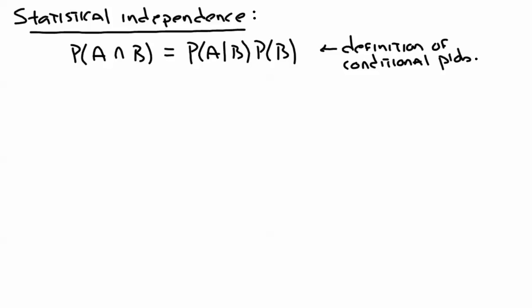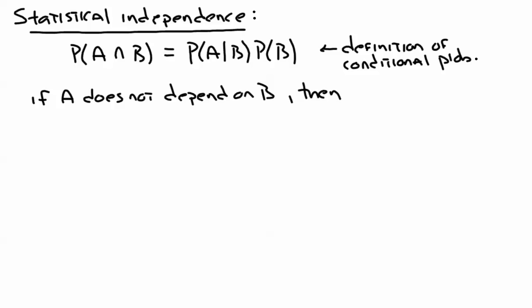That's the definition of conditional probability. So, referring back to our prior discussion on statistical independence, if A does not depend in any way on B, then probability of A if B is just probability of A.